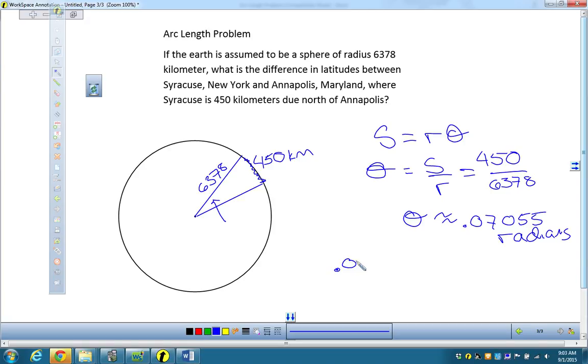Even though there's no pi in there, it's still radians, and I'm going to use the conversion factor where I multiply by 180 divided by pi. Okay? And when I do that, I get approximately 4.04, I think. I think my math is right. 4.04 degrees. So that's a difference.